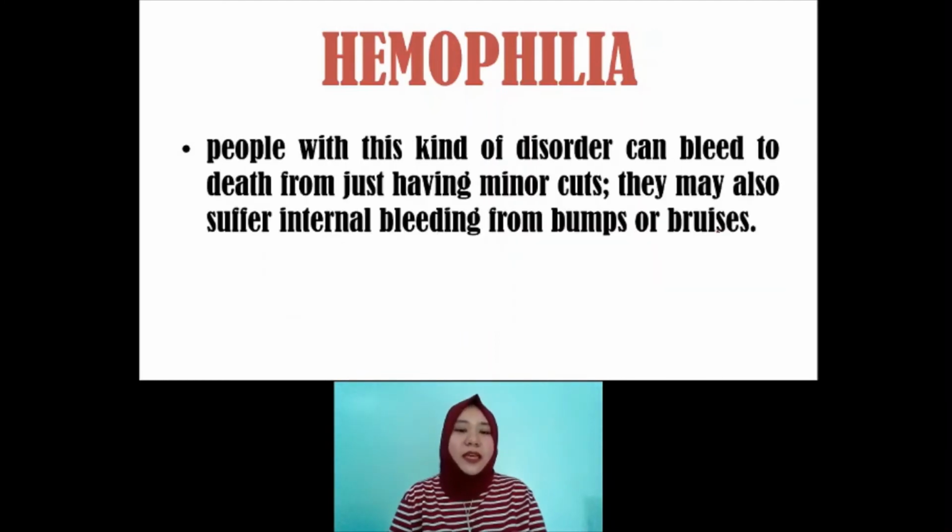So people with this kind of disorder can bleed to death from just having minor cuts. Even a small wound causes severe bleeding because again they don't have this protein. They cannot code this protein that would facilitate or initiate blood clotting. Blood clotting is essential so that your blood doesn't keep flowing out if you get wounded.